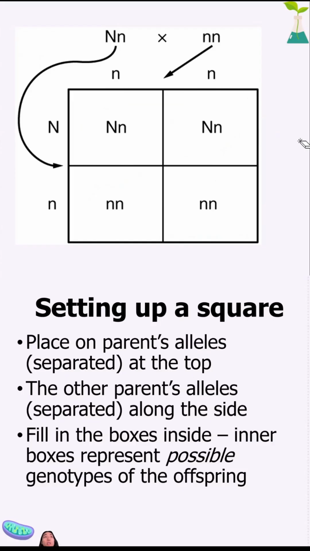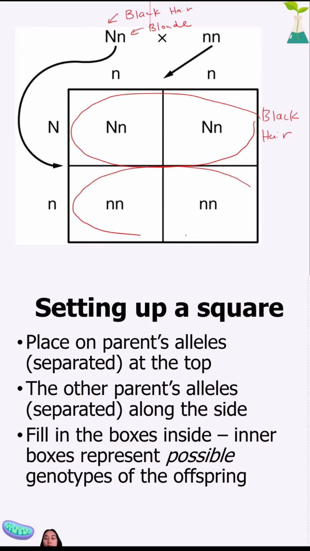Now, in terms of the phenotypic ratio, let's just make up a phenotype. Let's say that the capital N represents black hair, and the lowercase n represents blonde hair. What we would see in the heterozygous, remember that dominant will always show up if you have a capital and a lowercase. So in this case, all of these are going to have black hair.